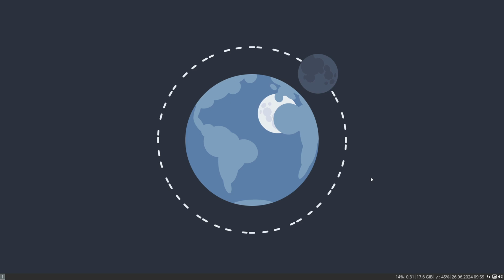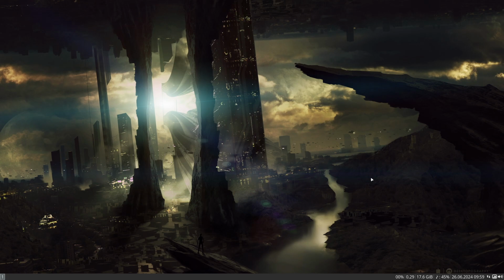Alt P is the previous wallpaper. Alt T is trash the wallpaper. Alt N, voila. Alt arrow up. Let's stick with the wallpaper. I don't want to change anymore. Let's stick with this one for now, until I press Alt N again.